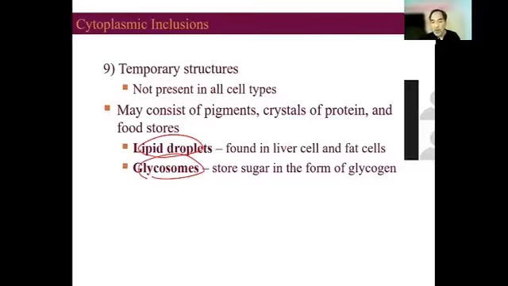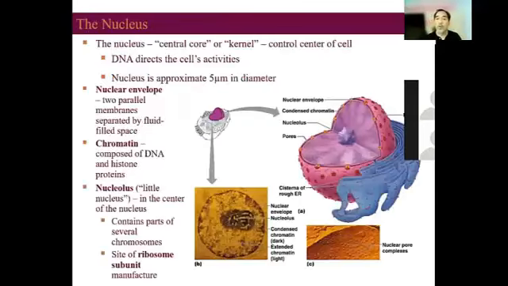So these are general structures that you see in the cell, but the main structure in a cell is the nucleus, okay? So the nucleus is the brain of the cell. The DNA inside this nucleus is the one that directs the cell's activities, okay? So it is like the brain of the cell. And it has the DNA, which is considered a central core or the control center of the cell.